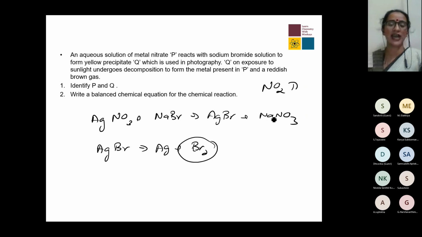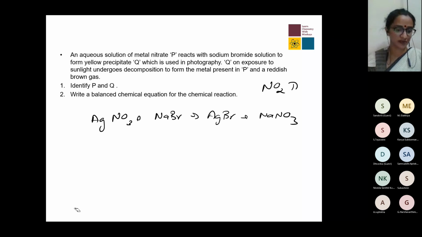So if you have a nitrate heated and it breaks down to form NO2 gas, NO2 gas is also a reddish brown gas. So yeah, there you go. All right. So this is your overall reaction. Silver nitrate plus sodium bromide, perfectly correct. This is self-balanced, so you don't have to worry about balancing it. And this is a great example for a double decomposition reaction.